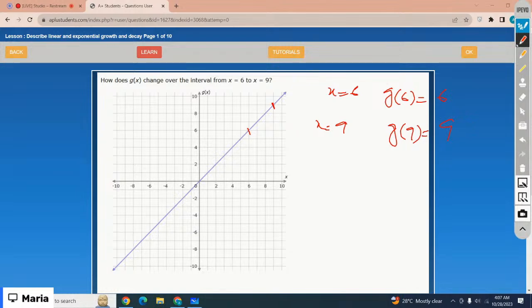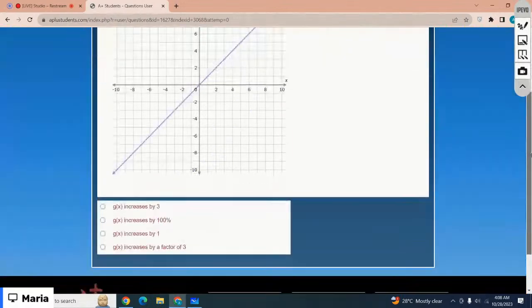Because from 6 to 9, the value is increased by 3. Not by a factor. g of x increases by 3 only, not by a factor, right?